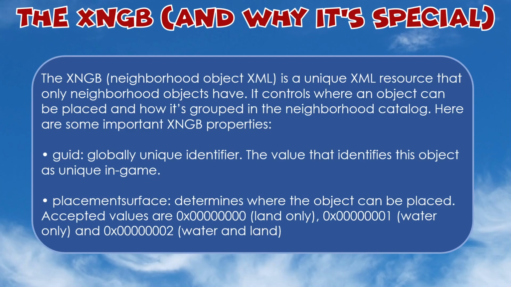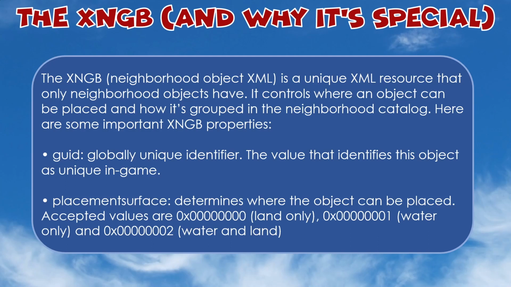So the things located in the XNGB are GID, that's a globally unique identifier. This is the value that identifies the object as unique in game. How does the game determine if an object is unique? It looks for that GID value within the XNGB.